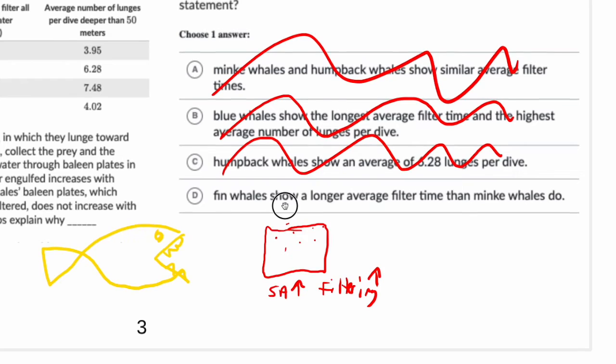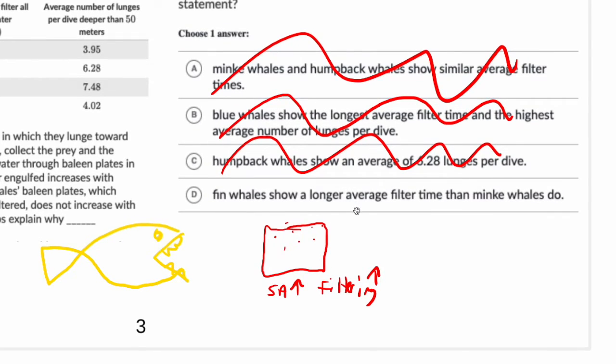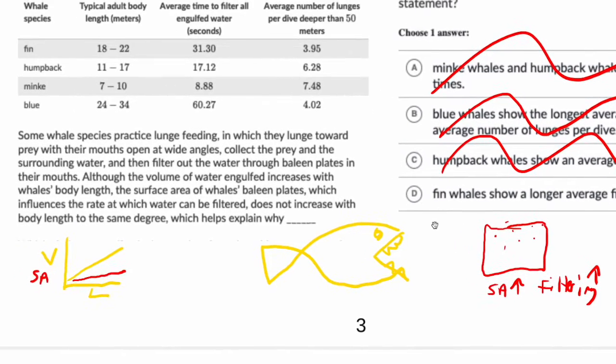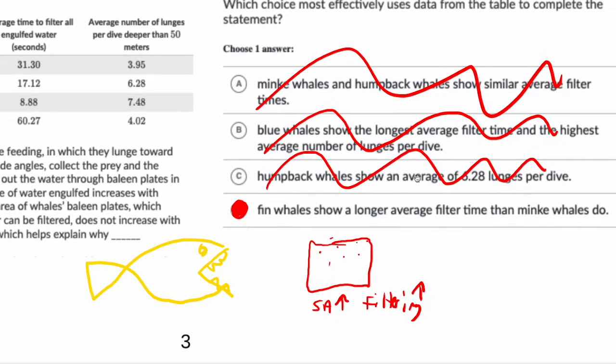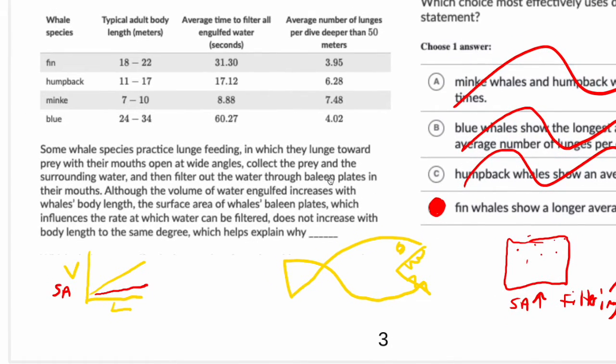Fin whales show a longer average filter time than minke whales. That is true. And let's say that we had another decent answer choice to go along with it, and we'd have to verify that it actually did complete the statement.